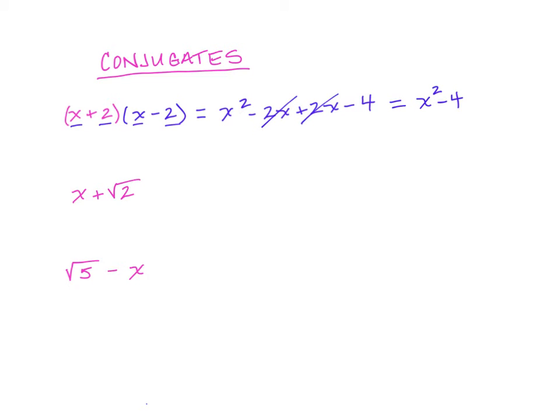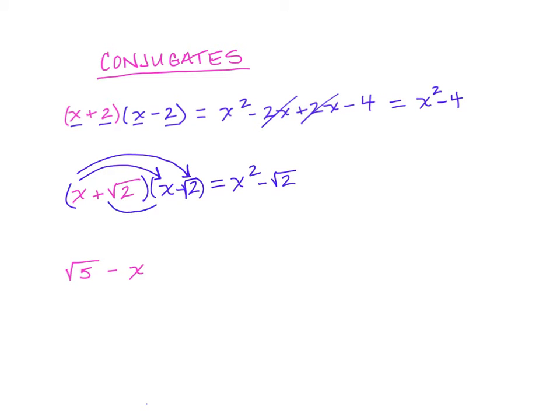So now let's look at the next example. You have x plus the square root of 2, and if I multiply that by its conjugate, that's going to be x minus the square root of 2. Now, x times x is going to give me x squared, and x times minus square root of 2 is going to give me minus the square root of 2 times x.